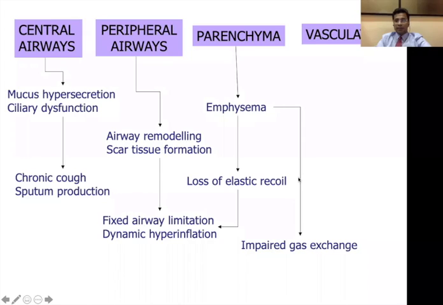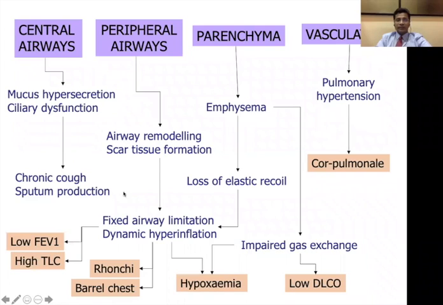And there's impaired gas exchange because of the damage to the alveolar capillary membrane. When the lung vasculature is involved, there's pulmonary hypertension. So what is the ultimate result or consequence of this?